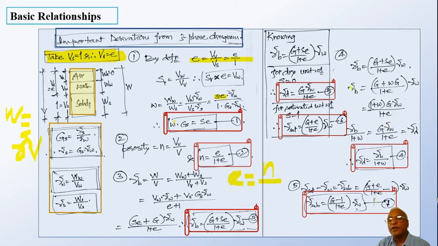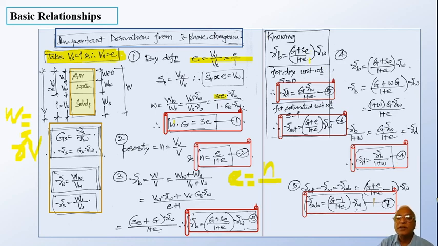Then ultimately it becomes gamma b divided by 1 plus w will be simply G gamma W divided by 1 plus e. And this expression is gamma d, that will be proved here as equation number 4. So gamma d will be equal to gamma b divided by 1 plus w.